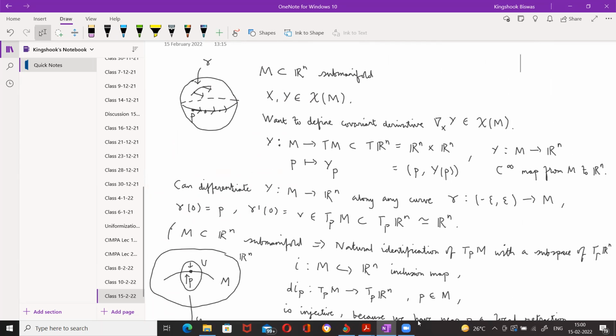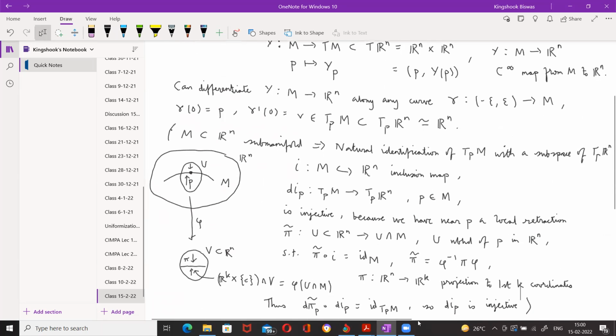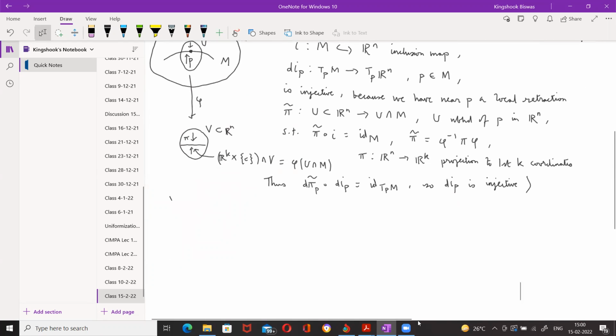Because the tangent spaces of M are identified with subspaces of the tangent spaces of R^n, which are identified with R^n. Okay, so therefore we can view it as a map taking values in R^n. And now we can just take its derivative. So nabla_V Y at P.